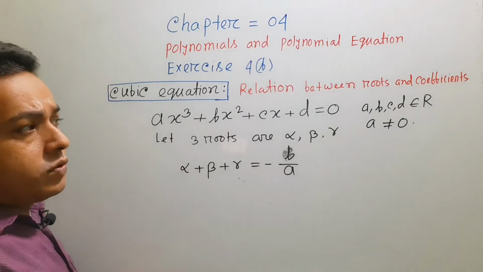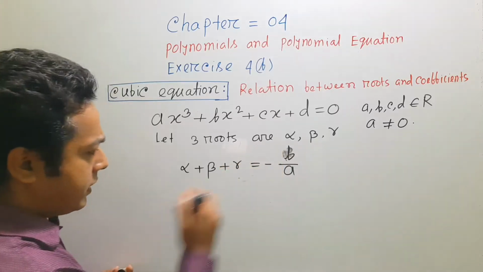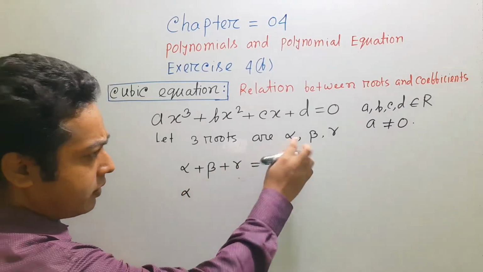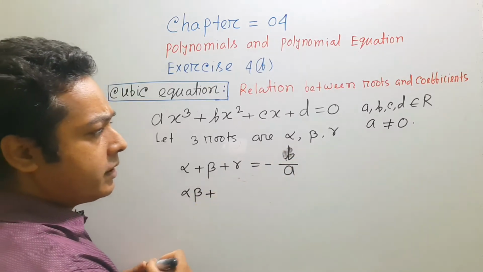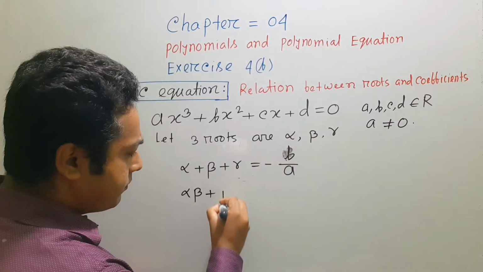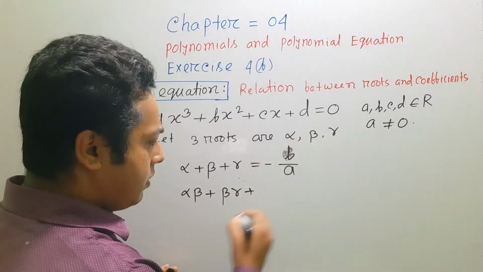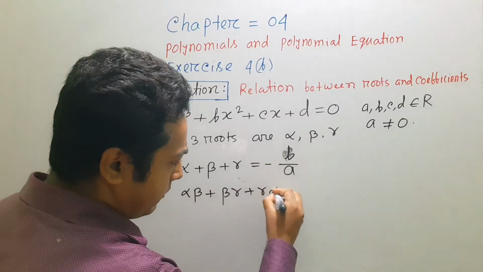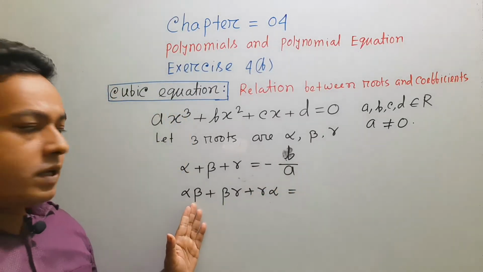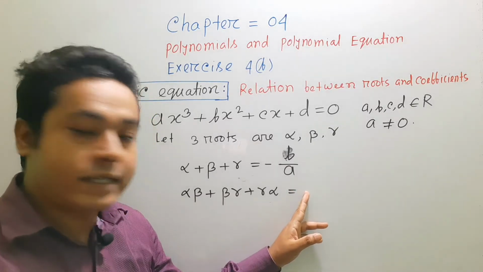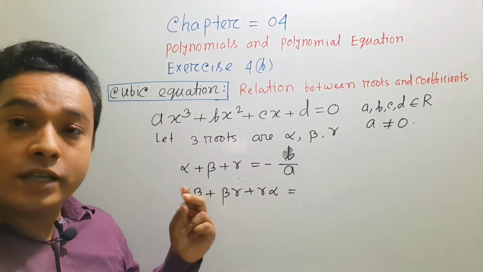Okay, now taking two roots. The sum taking two roots: at first alpha beta, then we can take beta gamma, then we can take alpha gamma. So the sum of roots taking 2, the sign will be positive, because the number of roots taken is even.